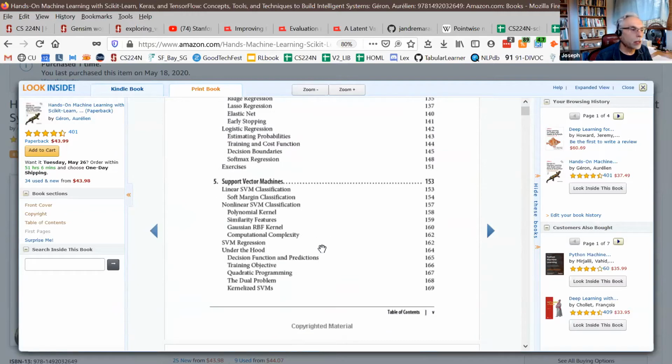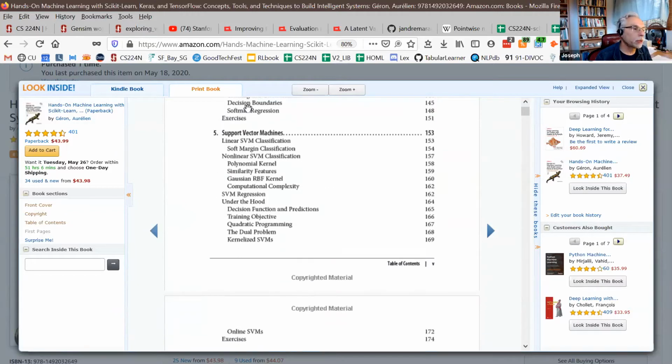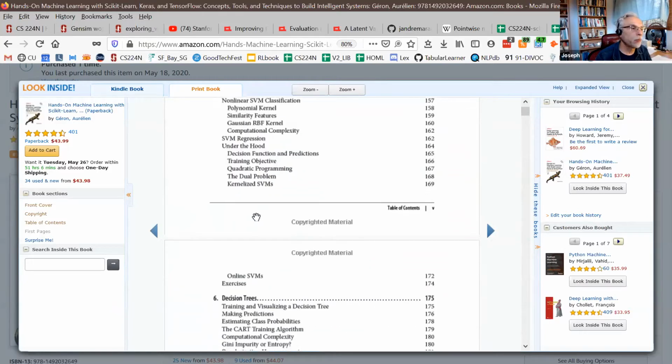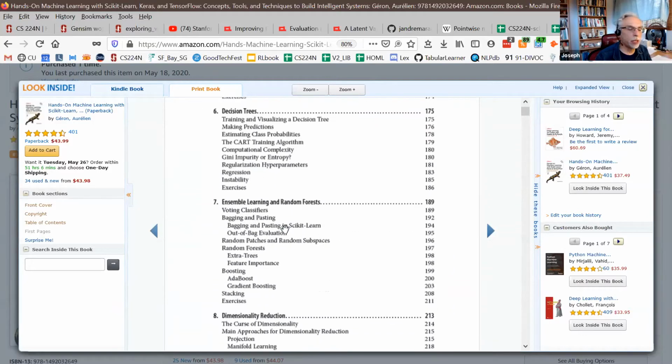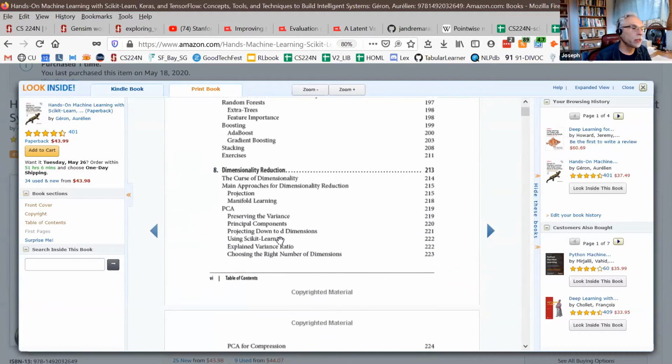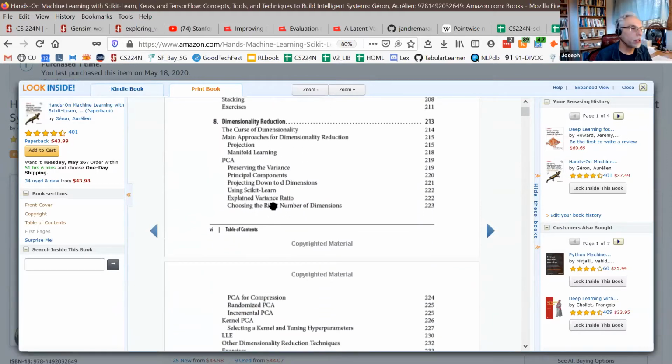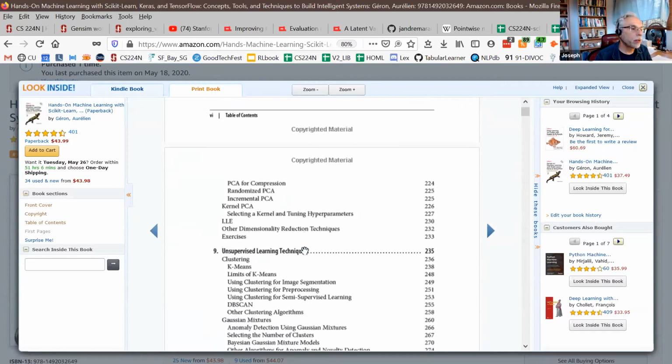These are all non-neural network techniques. Support vector machines, again, a non-neural network technique. So these are the classical machine learning techniques. Decision trees, random forest, ensembling, dimensionality reduction. So there's 8 chapters right there.